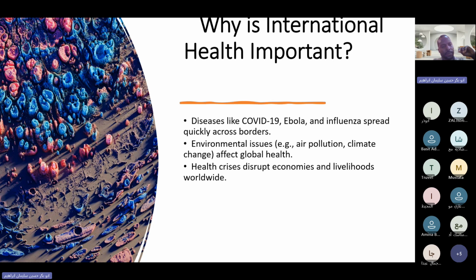Let me say international health is focusing on these points. Like infectious disease, there are many types, and these diseases spread rapidly. Environmental hazard: if you see the accident that took place in Ukraine during the war between Russia and Ukraine, there was a nuclear accident and many people were affected.